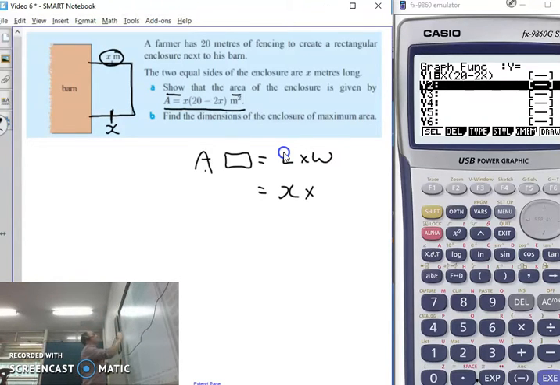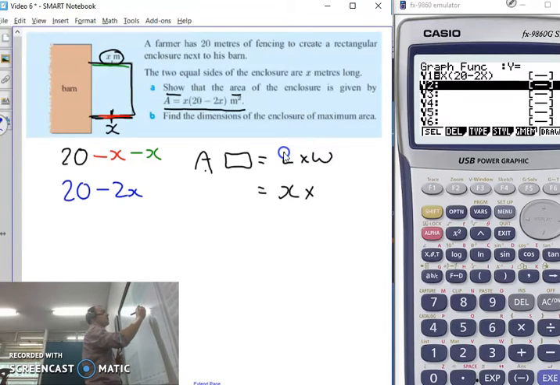Now if I've got 20 meters all up, I've used X amount here, and I've used X amount here. What have I got left? Well, it's going to be 20 minus 2x. So this is going to be multiplied by 20 minus 2x, and I can put that in brackets just to make it easy.